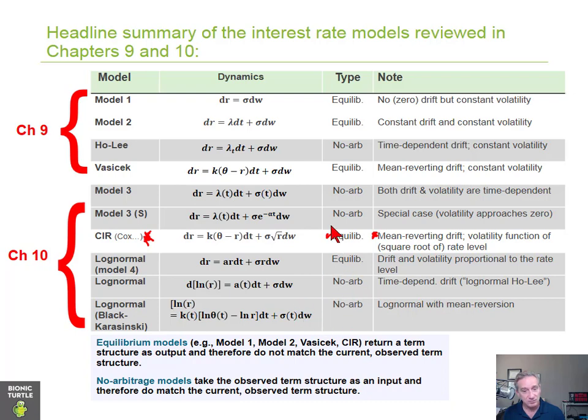But the no arbitrage model, on the other hand, takes the observed term structure as an input, and therefore does match the current observed term structure. So our no arbitrage models are informed by, they take as information, what we observe in the market's term structure.